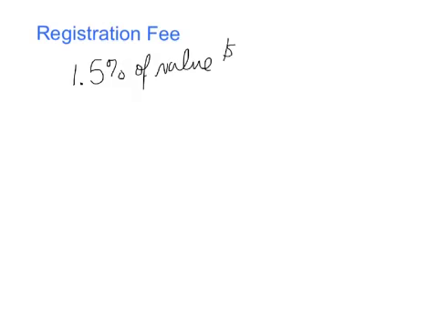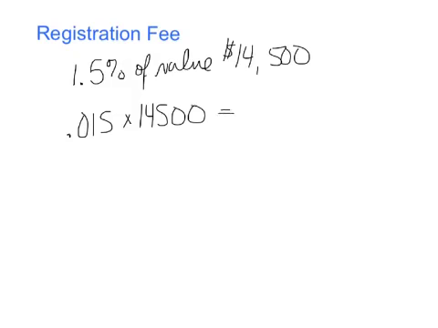So let's say the value is $14,500. The fee to register would be 0.015. You'll notice I'm turning it into a decimal, times the 14,500. If I multiply this, 0.015 times 14,500, I'm going to get $217.50, and this is the cost to register.